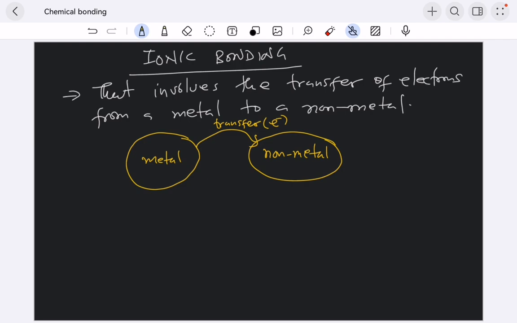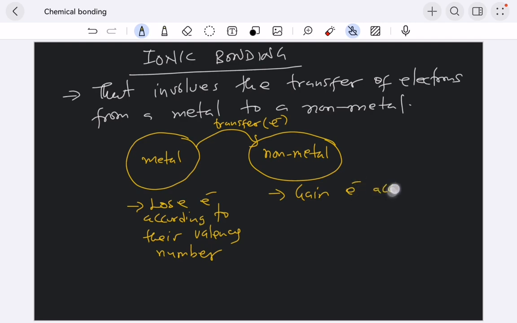So electrons will move from a metal, meaning metals will lose electrons according to their valency number. Then non-metals will gain electrons according to their valency number.